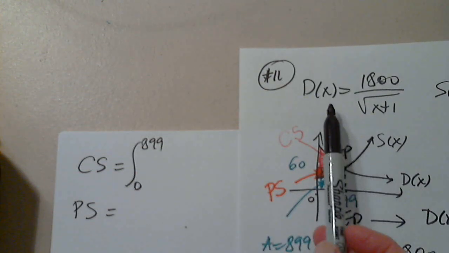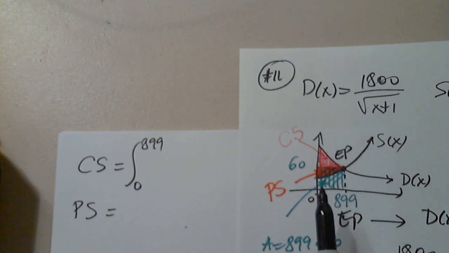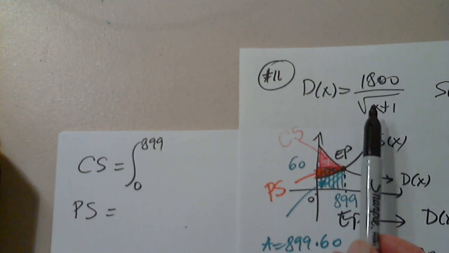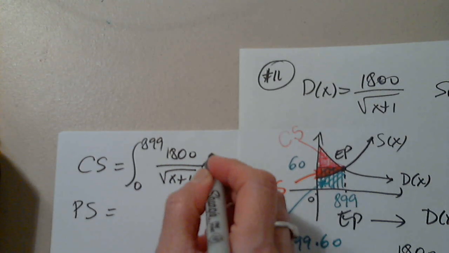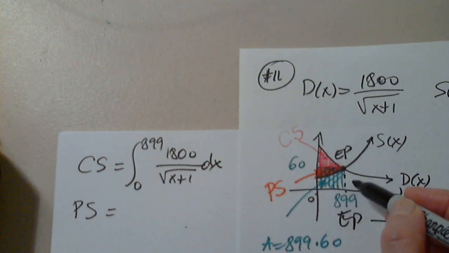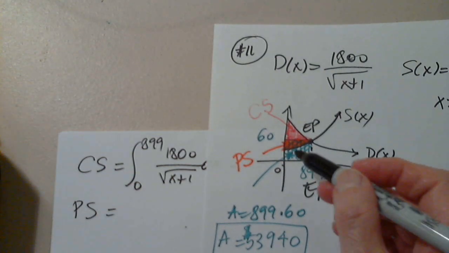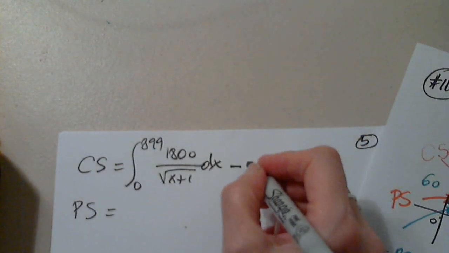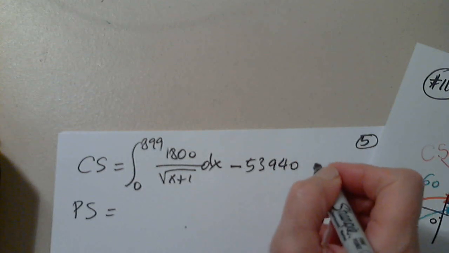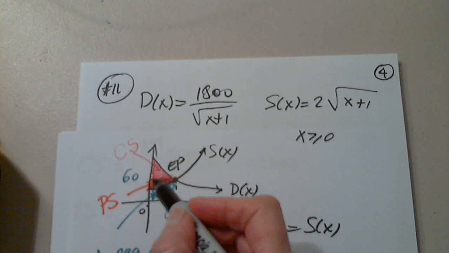So from the entire area, the integral from 0 to 899 of this, 1800 over the square root of x plus 1 dx, the entire area, from which I have to subtract the area of the rectangle. Minus 53,940. Exactly. And we will find it in a moment.